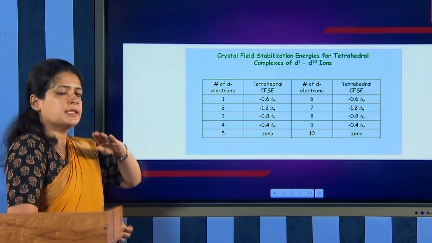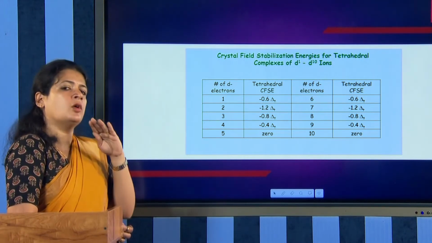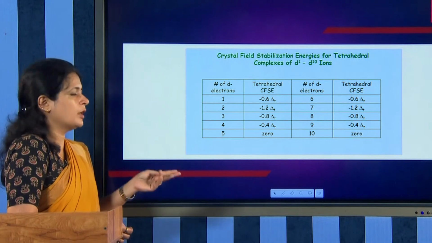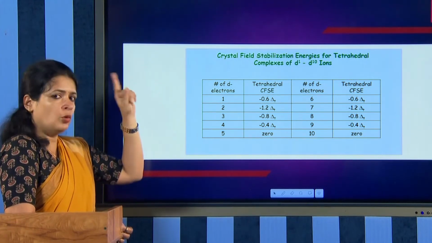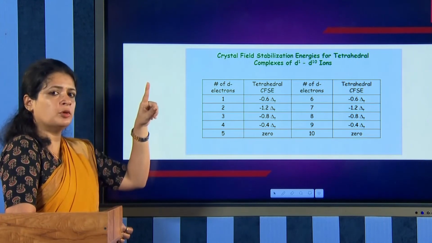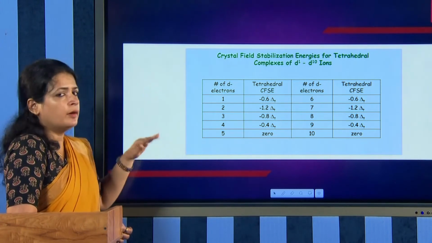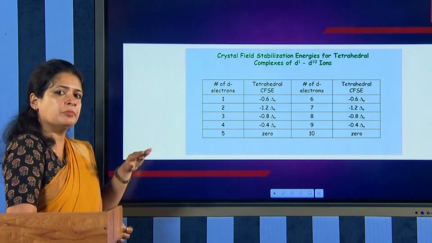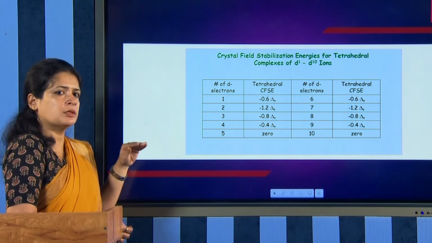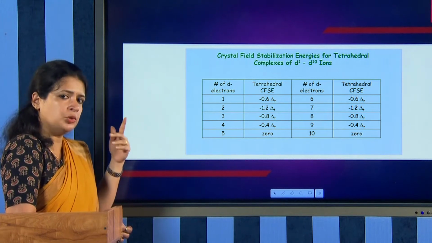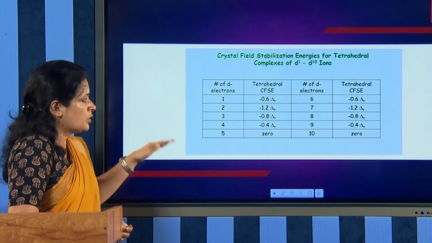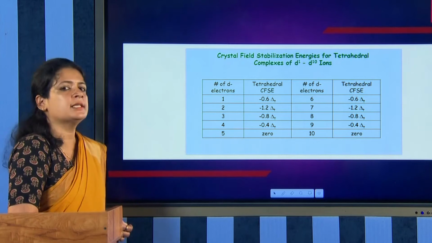Tetrahedral complexes are always high spin, which means after the second electron, the third will be moving to the T2, the fourth will be in the T2 and the fifth also will be in the T2. So there is a symmetric arrangement of the electrons. In the E orbitals we have 2 electrons, in the T2 orbitals we have 3 electrons. So while calculating you will get the answer as 0.